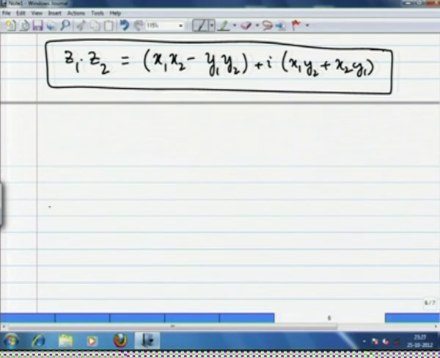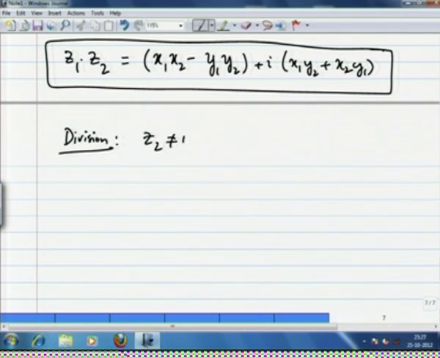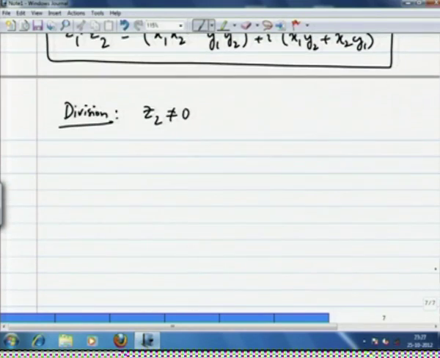Then we can also divide complex numbers. We can divide only when z 2 is not 0. So, z 1 by z 2 is x 1 plus I y 1 divided by x 2 plus I y 2.